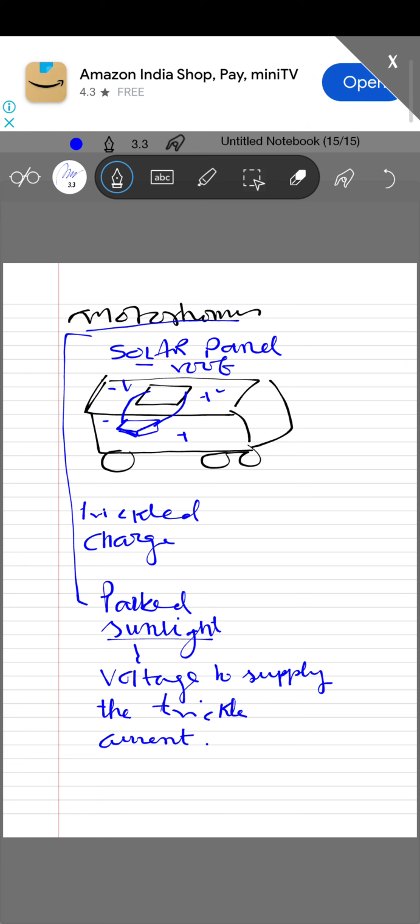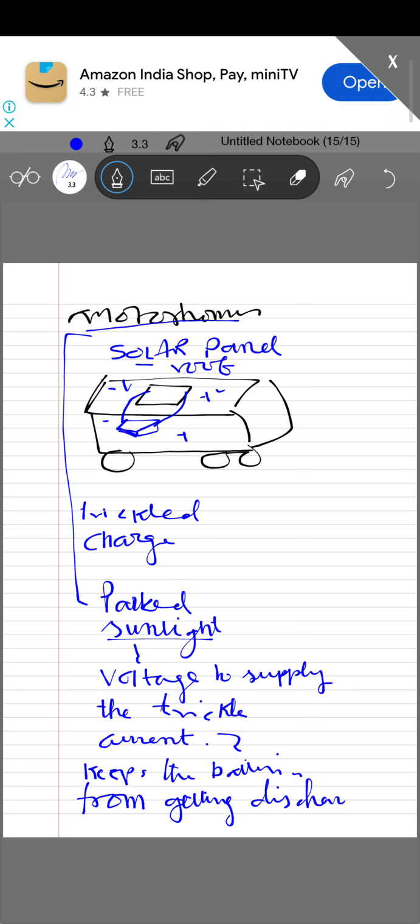This trickle current helps to keep the batteries from getting discharged.